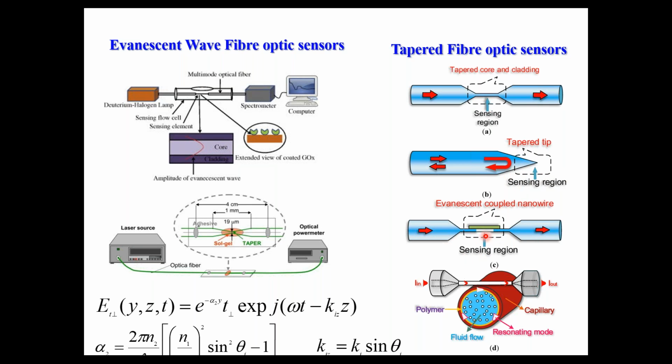So for evanescent coupled nanowire, over the fiber which is tapered, this is a sensing region, and a nanowire is formed by different techniques for coating nanowires or nano cylinders. A nanowire is sitting over this sensing region.